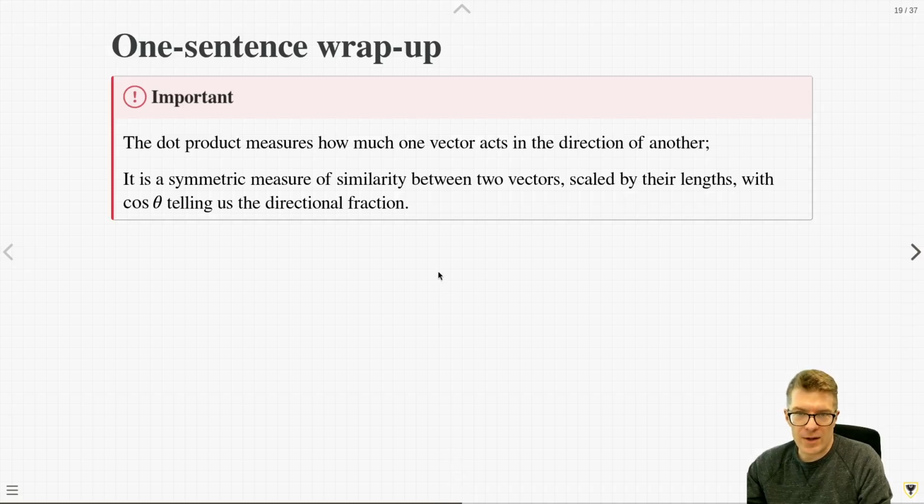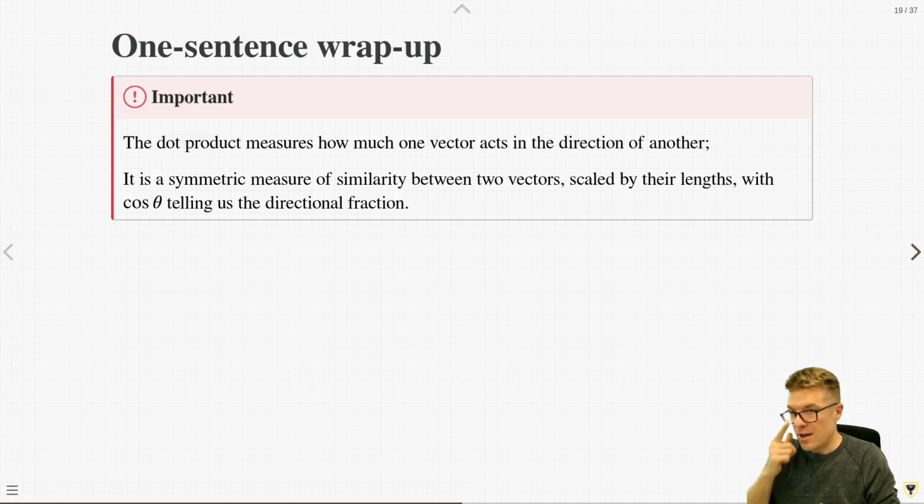Just wrapping up this idea quickly, okay? So this is the important thing to remember right now. A dot product remembers how much one vector acts in the direction of the other, and it'll give you one number, one value. There's other kinds of ways you can multiply vectors together that will give you either other vectors or maybe other quantities, other data types, and you can get those confused.